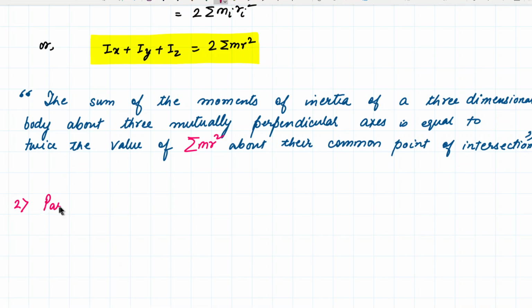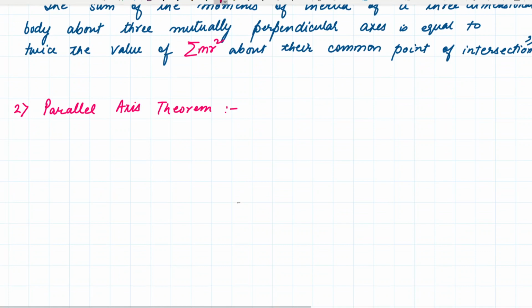Yes sir. What is it? So the moment of inertia of the body is equal to the sum of the moment of inertia of that point from the origin and from the axis. Okay, let me first give you the statement.